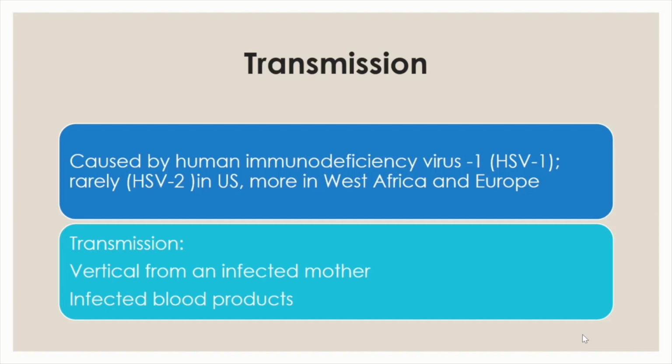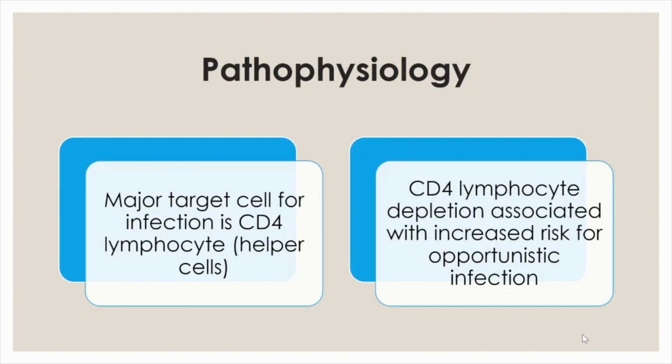Vertical mother-to-child transmission has significantly decreased with the use of antiretroviral therapy in pregnant women and their babies. The major target cell for HIV infection is the CD4 lymphocyte, which are the helper cells. CD4 lymphocyte depletion is associated with increased risk for opportunistic infection.